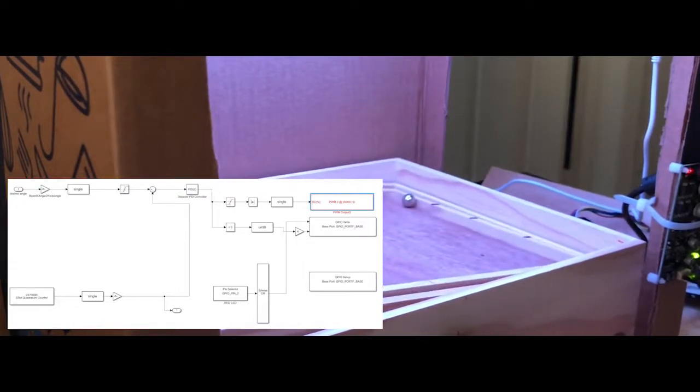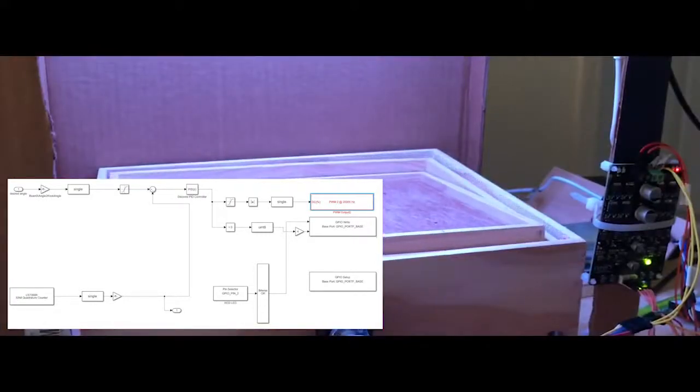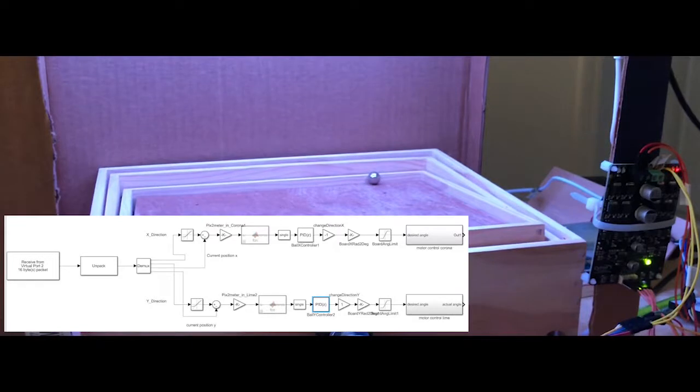The desired angle comes in, and it's already in degrees, but we have to change it from degrees of tilt of the board to what we want the knob angle to actually turn, in a direction, because the knob angle's maximum and minimum are 45 degrees in either direction. So we force that to a single, just to make sure it is.